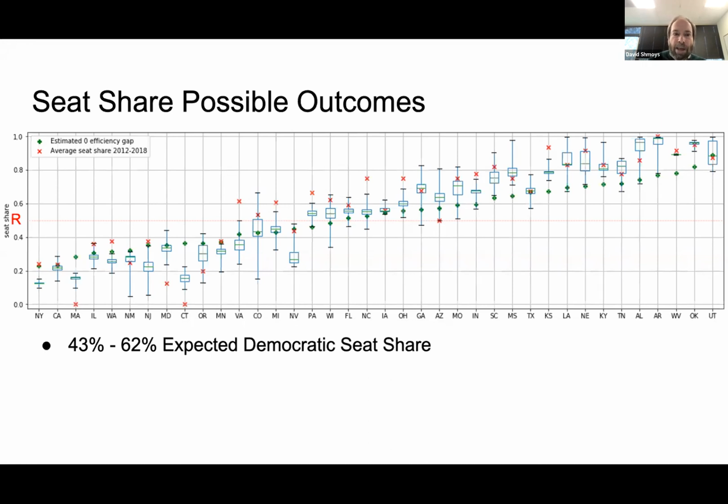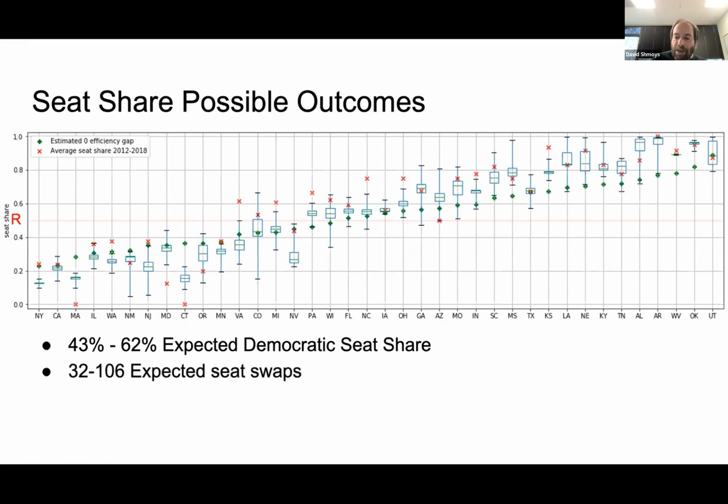Even with just good-looking districts, there's a huge swing of what's possible nationwide: you can end up overall with a range between 43% and 62% expected Democratic seat share when summed over all the states.